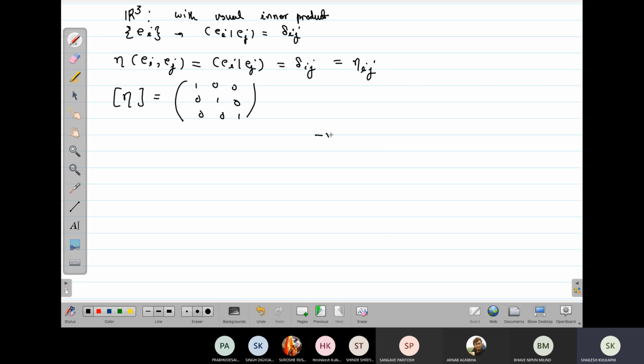Given the metric, I have already mentioned that given the inner product space, if I know the component of a vector, then you know the component of dual vectors.